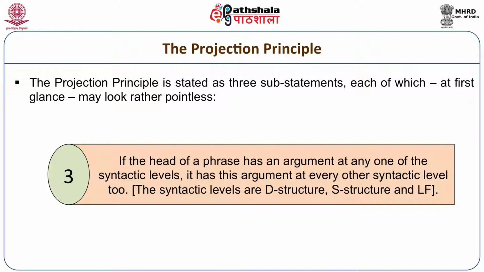The third substatement of the projection principle says that if the head of a phrase has an argument at any one of the syntactic levels, it has this argument at every other syntactic level too. Syntactic levels refers to D structure, S structure, and LF.